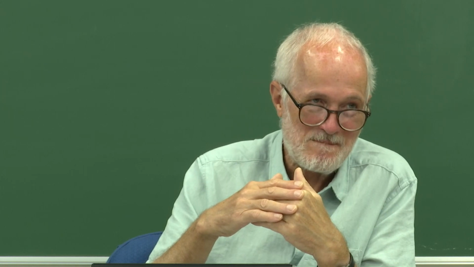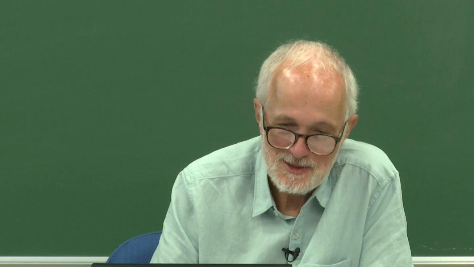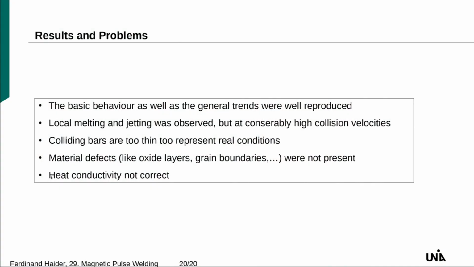And then the final point, which is also crucial, and there are some kind of artificial approaches to take into account this wrong heat conductivity, but basically it's just wrong.